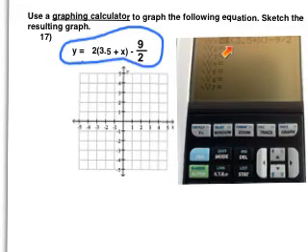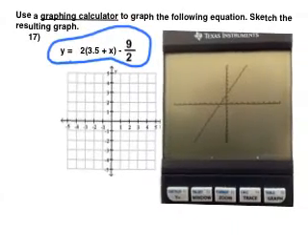And then you have to put a parentheses, 3.5 plus x, which x is right here. And then you have to close parentheses. Parentheses is further down on this calculator. And then you go minus, and then 9 divided by 2. And that's your equation. And then the next thing you do is you push this button here, graph.